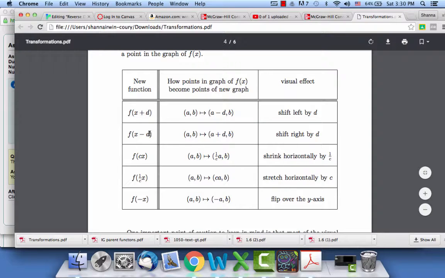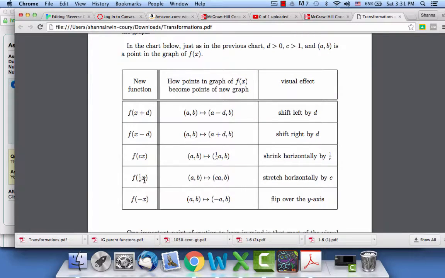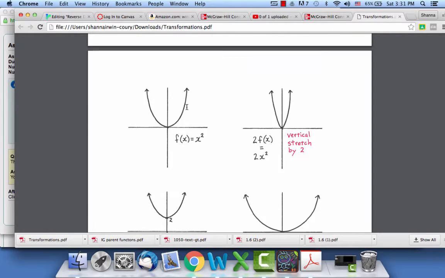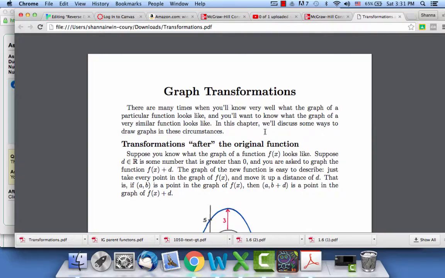So if it's plus, it's negative, negative, plus, times, divide, divide, times. The negative is the negative. So this does things to x, the other ones do things to y. If they're inside the parentheses, they're acting on x. Outside the parentheses, acting on y. You can do it either way, and maybe we'll try it both ways to see what works best for you, but you do have this document available to you.